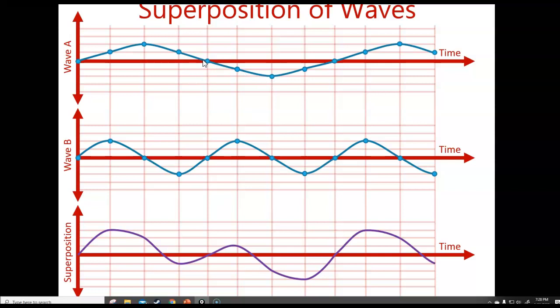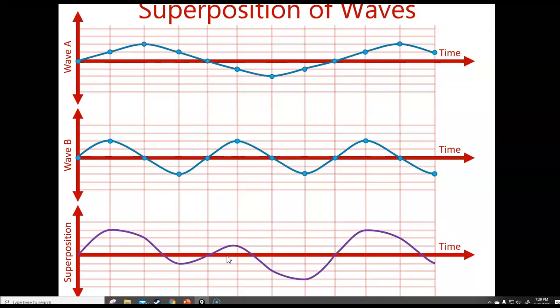So for example, here we clearly have two kind of sinusoidal looking graphs with different frequencies and different wavelengths, but they have the same basic shape, right? Kind of like a sine graph here and a sine graph here with different wavelengths. But when you take the superposition of the two, notice that what you get is not really sinusoidal. It's kind of like a wonky type of periodic function.